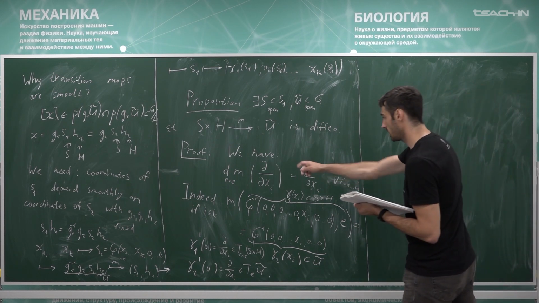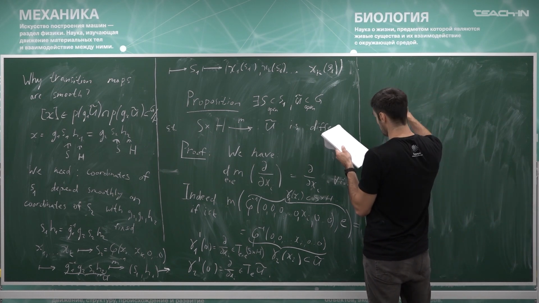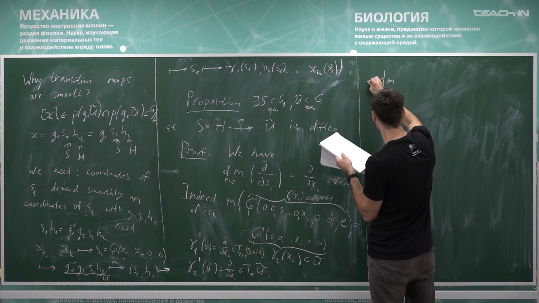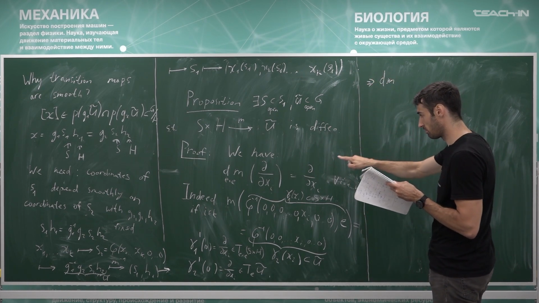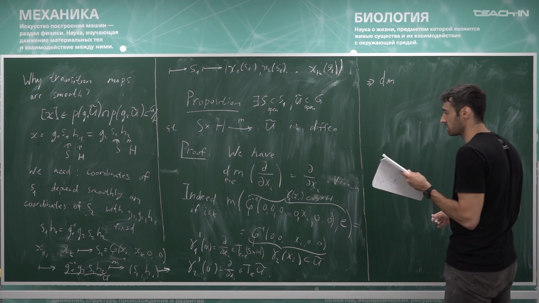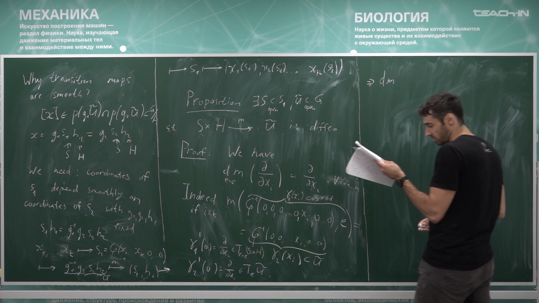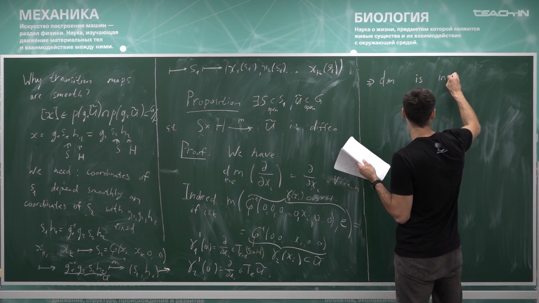So what we have is that dm is just the identity map if we identify tangent spaces in a reasonable way. So dm, what is important, is invertible.